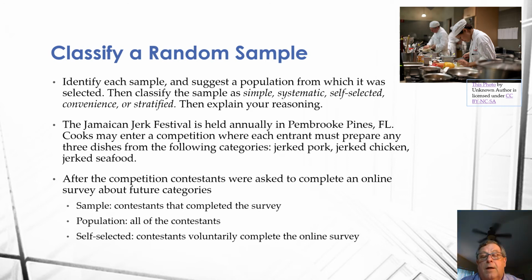They would voluntarily go online and complete the survey, so we would have a self-selected sample from the population of all the contestants from this annual Jamaican Jerk Festival cooking competition. If they went online and completed the survey, they were part of the sample, and if they didn't, they were not.